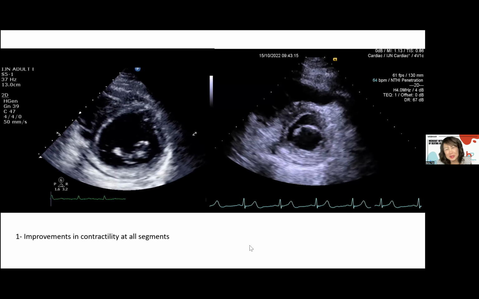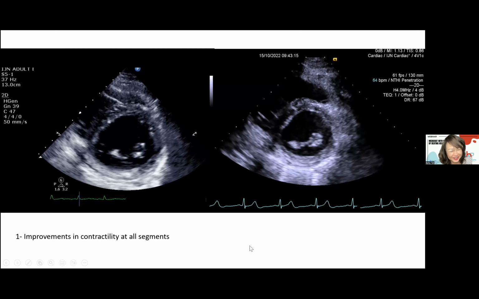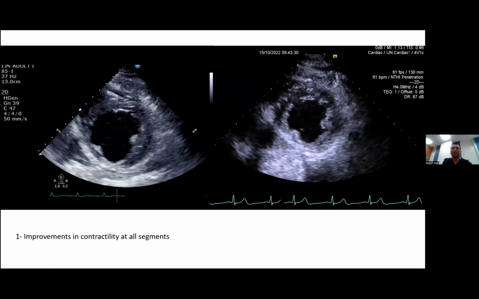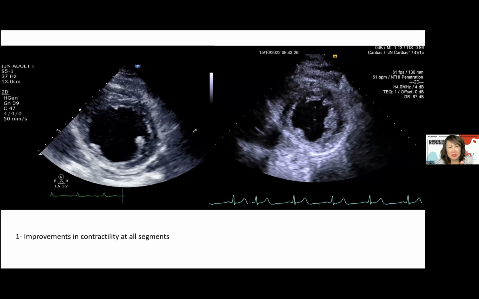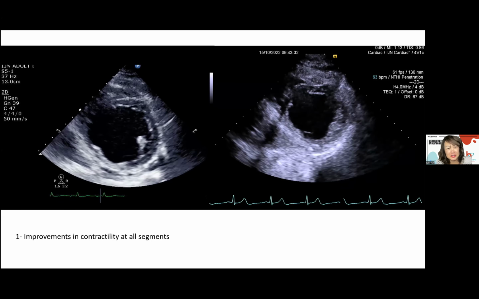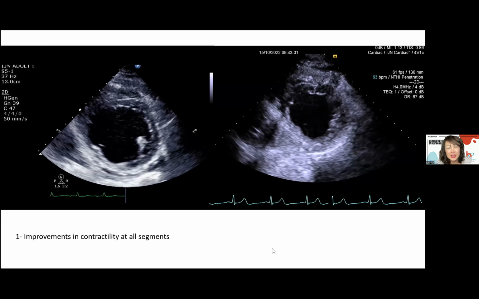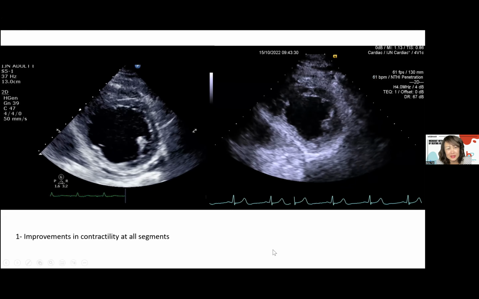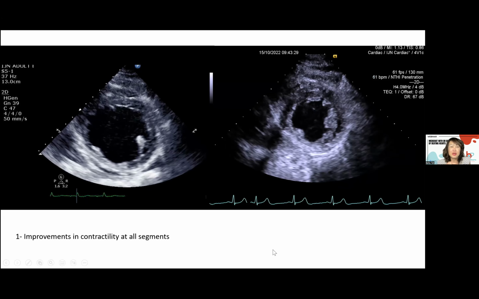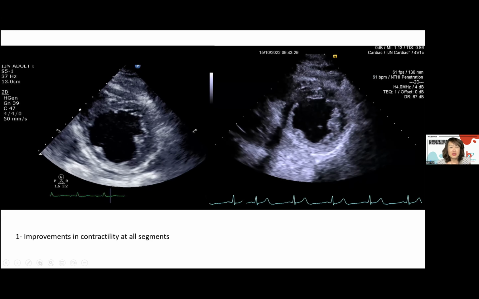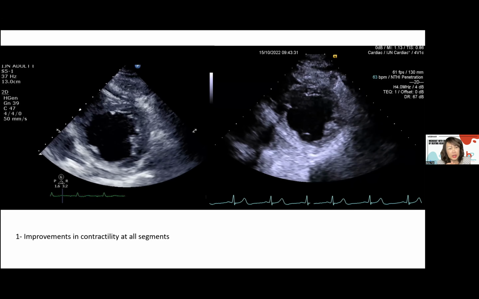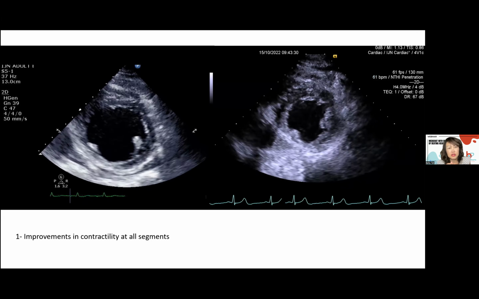Yeah, I think you're talking about me also, because I can't remember all the segments. But I think the take-home message here is very important: when you have a left ventricular ejection impairment due to ischemic heart disease, if you have no evidence of infarct, once you revascularize, you will see improvement, especially if you are able to optimize your heart failure treatment.